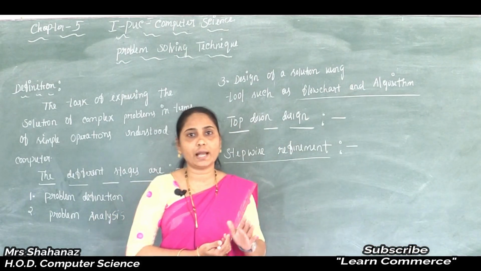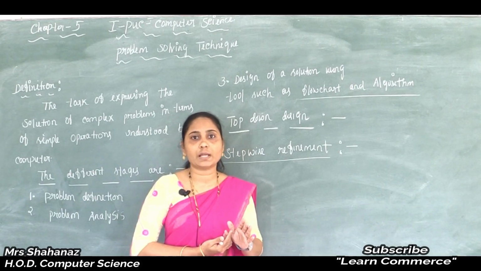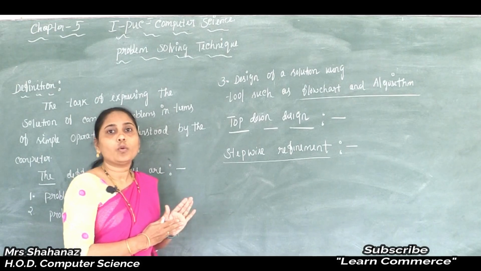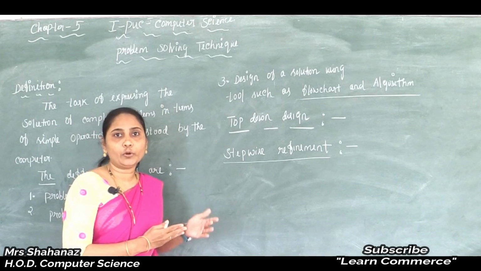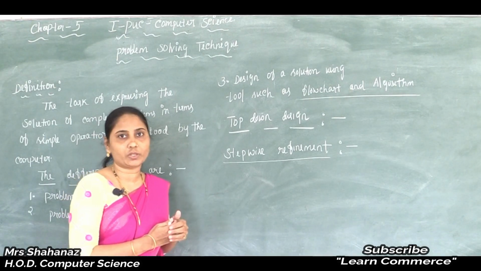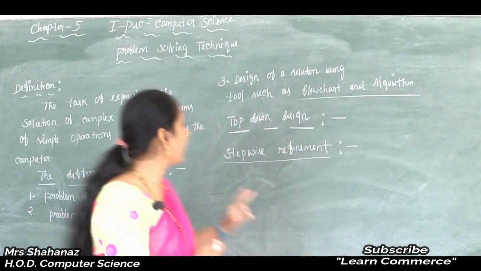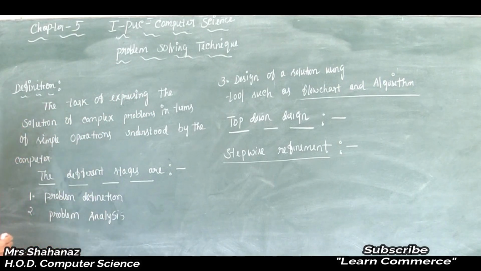Whatever is there in our first PU syllabus, everything is going to start from this chapter only. Whatever we learned, maybe input output, is general knowledge about this one. Everyone knows about this one, correct? Now we are going to start our first PU syllabus from this chapter only.